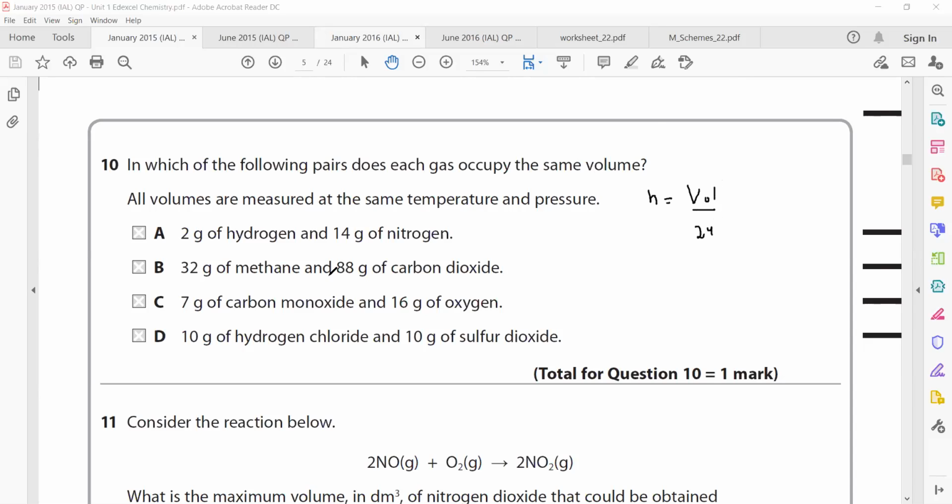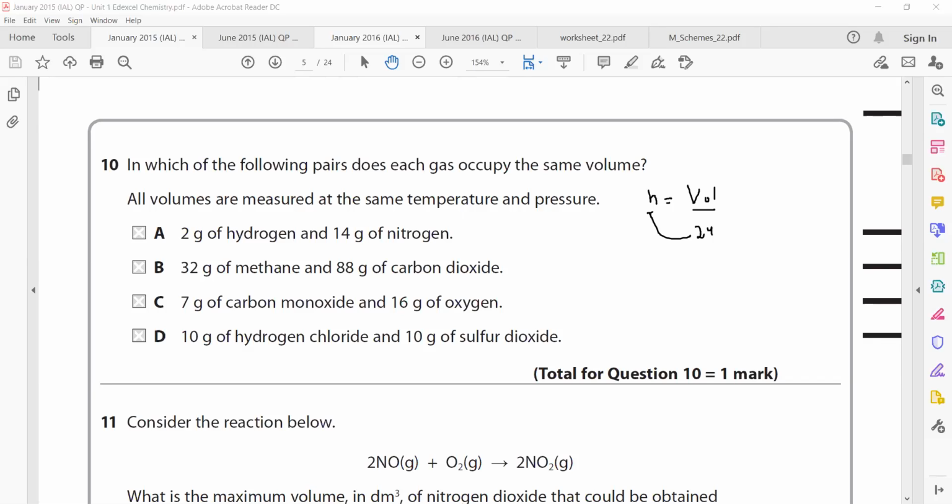But we don't have the volume, we have the mass of each gas. When moles multiplied by 24, we get the volume. So if we get the same moles, it means they will have the same volume as well.